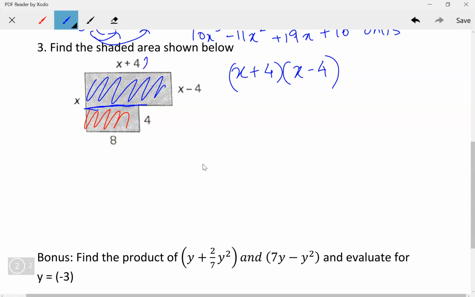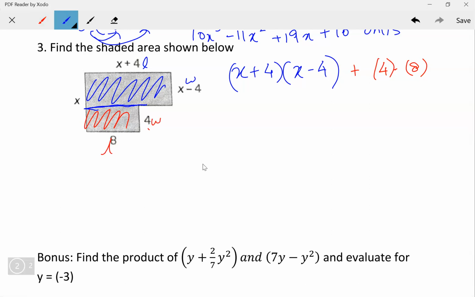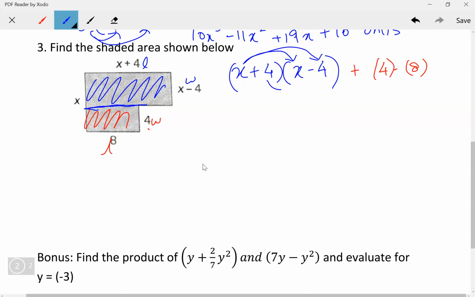We have to do, again, length times width in our first rectangle. This is the length, this is the width. And then from our second rectangle, we have 4 times 8. That is my length, that is my width, and that is my area of the second rectangle. So here again I had my distributive property, crab claw rule, right?